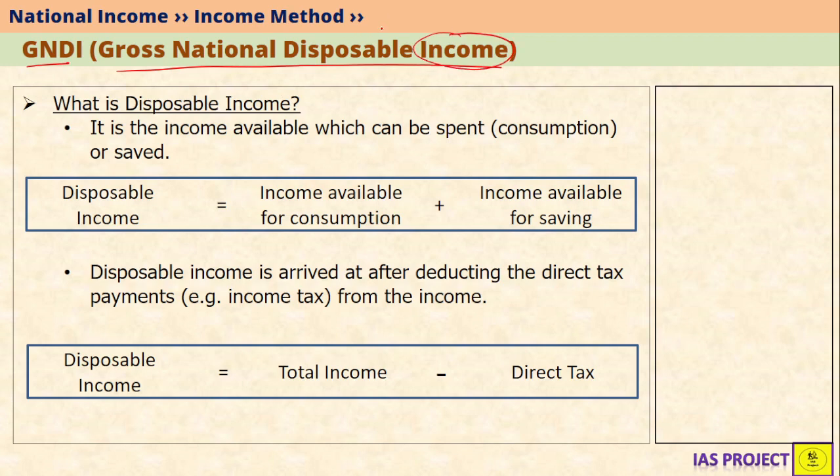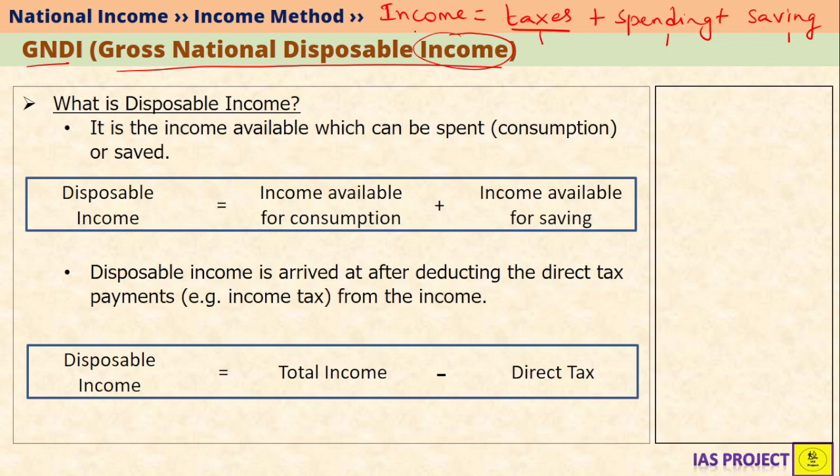For example, you are an individual who works for a company and for that you will be getting an income. From this income, you will be paying taxes to the government, which are the direct taxes on your income, and some income you will be using for spending and the remaining income you will be using for saving. In this manner, income can be divided into three verticals, that is taxes, spending and saving. Let me try to rearrange this equation.